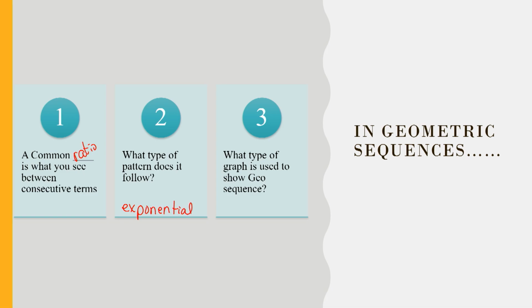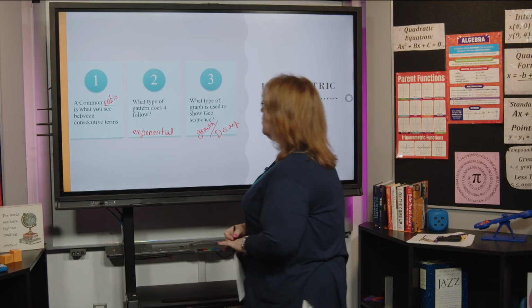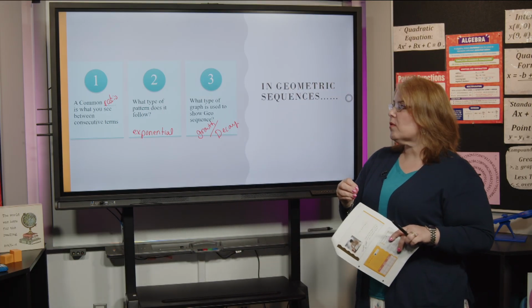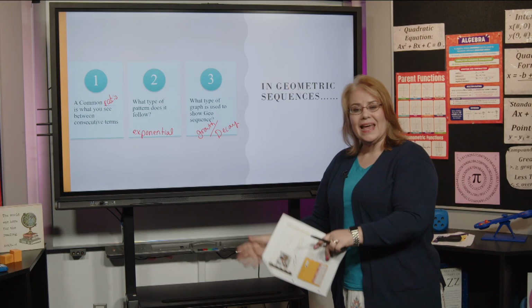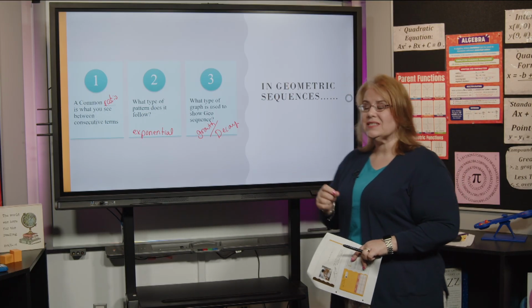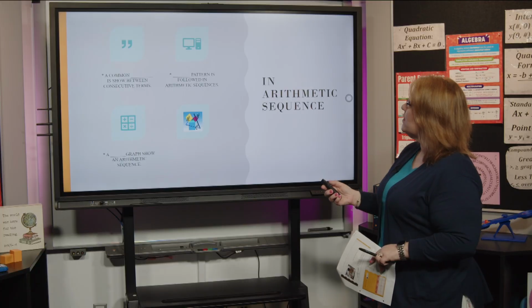And then what type of graph is used to show this geometric sequence? We either have a growth, which is increasing, or we have a decay, which is decreasing. So we want to make sure that we're remembering what those growths look like or what those decays look like. That's our geometric sequence.